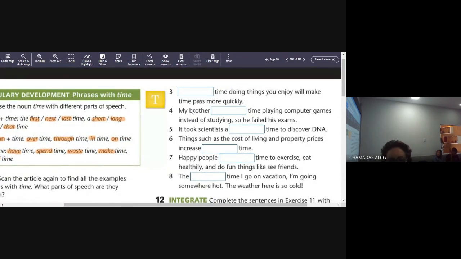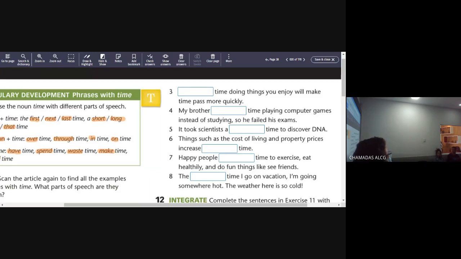Okay. Number three. Time doing things you enjoy will make time pass more quickly. Spending. It's a verb. Okay. I put that time. That time, yes, like this. That time to enjoy. I think it's possible. That time doing things you enjoy. Because when you say that time, you are specifying the time. That time. Which one?